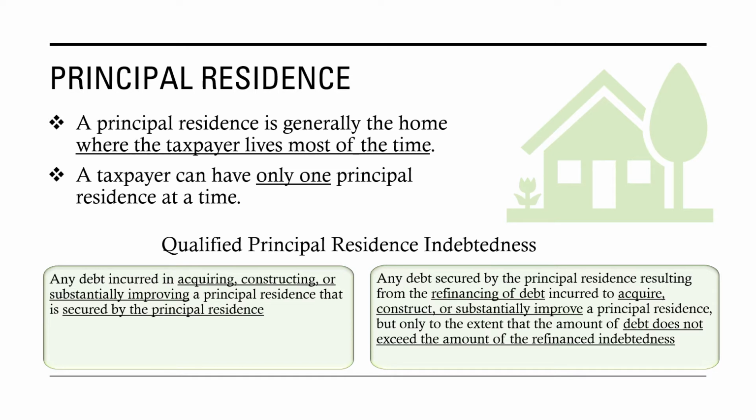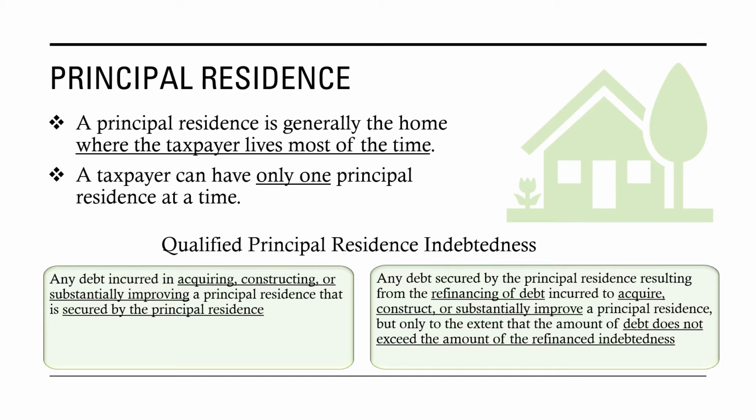So if it's the first loan on that home, or if they have since refinanced, maybe they were going to get a better rate, or some other reason they were refinancing. However, in order for it to be qualified principal residence indebtedness, the debt cannot exceed the amount of the refinanced indebtedness.